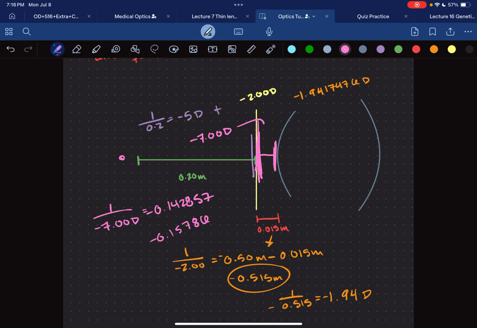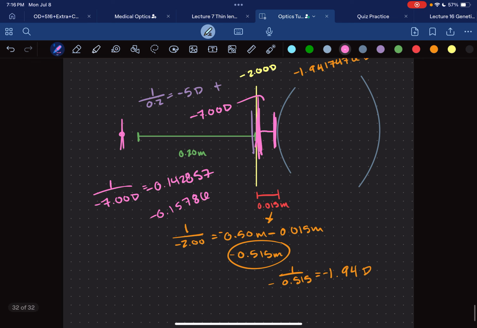Because we're subtracting that 0.015 from a negative, it just makes it more negative, which just makes the distance bigger, right? So now we have the distance from here to that far point. Then do 1 divided by that, and we get the divergence right before the lens, which will be -6.33 diopters, okay?